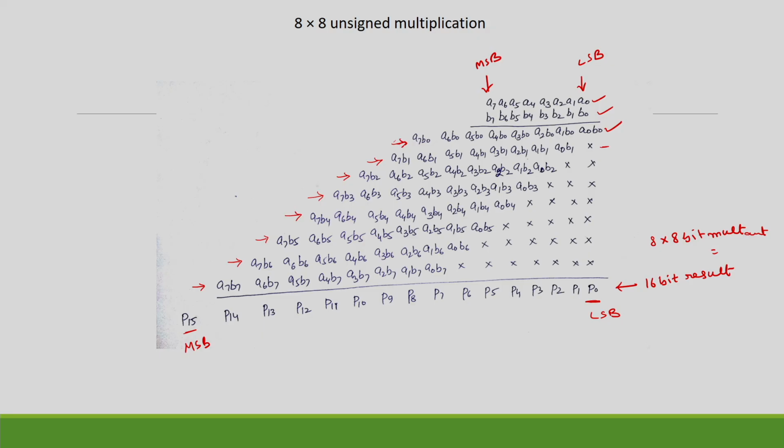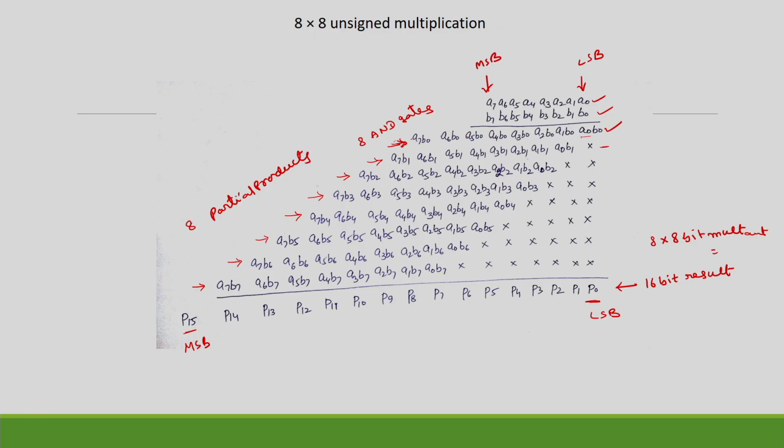So, in order to generate these partial products, how many AND gates are required? In each partial product we require 8 AND gates, and total 8 partial products. So, total 8 into 8 64 AND gates. So, this is 1, 2, 3, 4, 5, 6, 7, 8. So, like that total 64 AND gates are required.